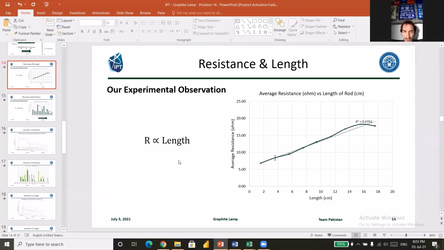Yes, so at zero length, the average resistance is 5 ohms. I mean, it shouldn't be the case because obviously at zero length we have no graphite rod in between, so it should not have any resistance. But I guess there is an intercept, and an explanation for this intercept can be in terms of the external conditions being applied, since we know that resistance is also dependent on temperature.